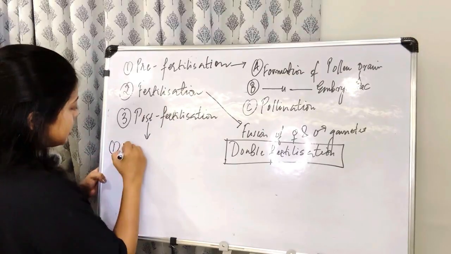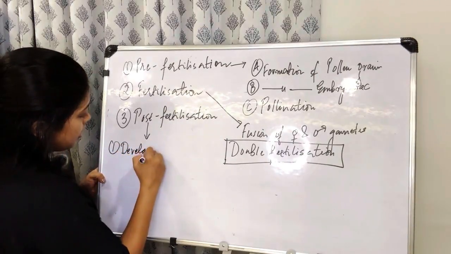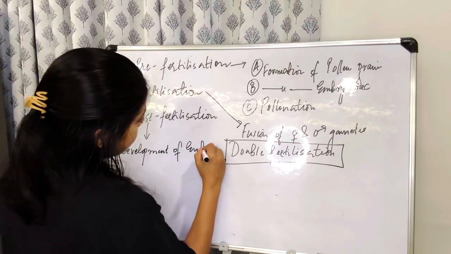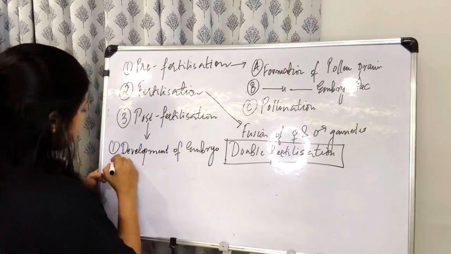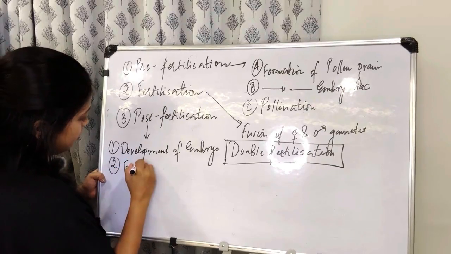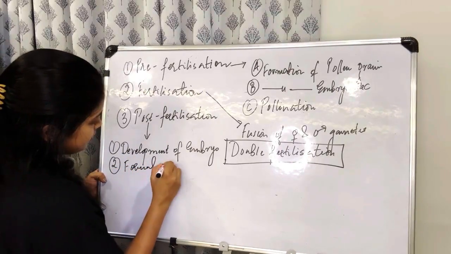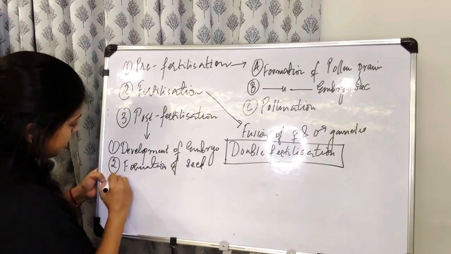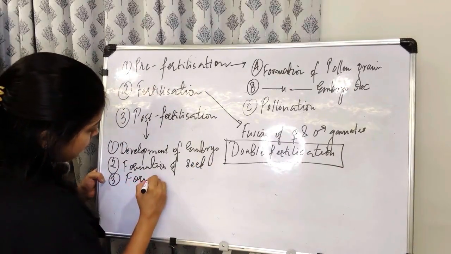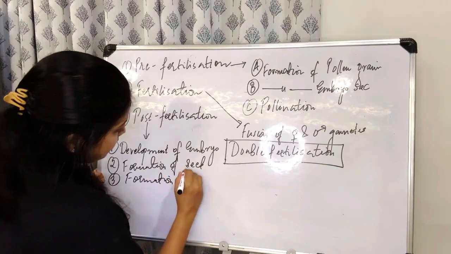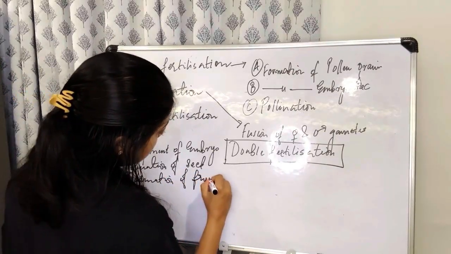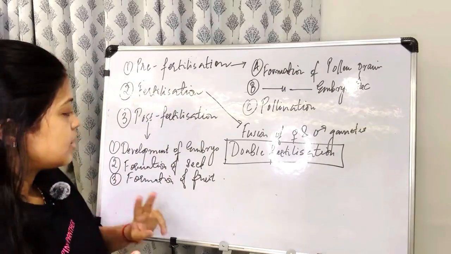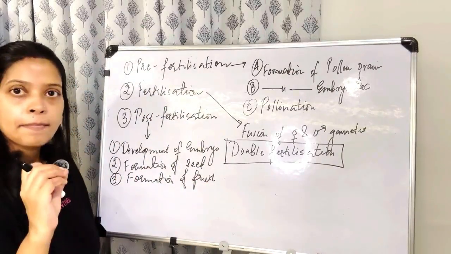So this is the development of embryo, then formation of seed, and the last one, the formation of fruit. So at the end of all the three stages, your flower is converted into a fruit.